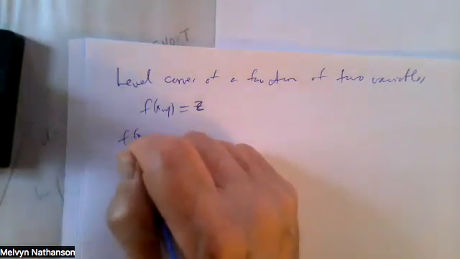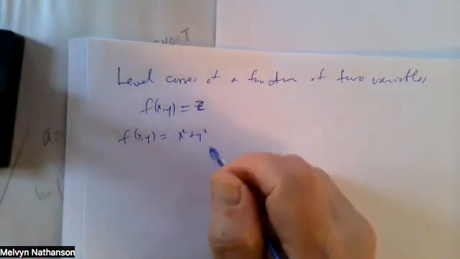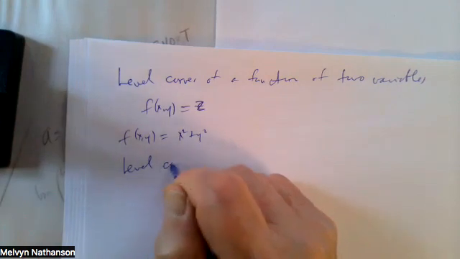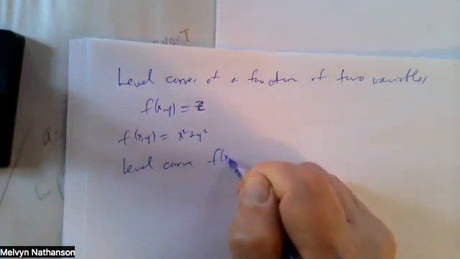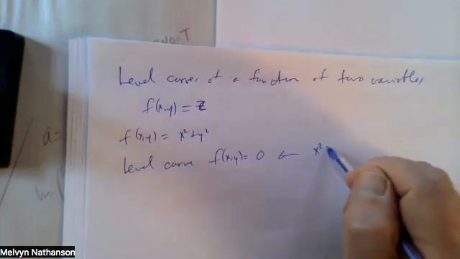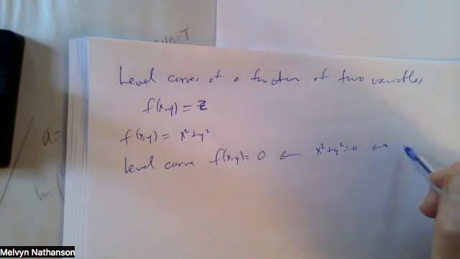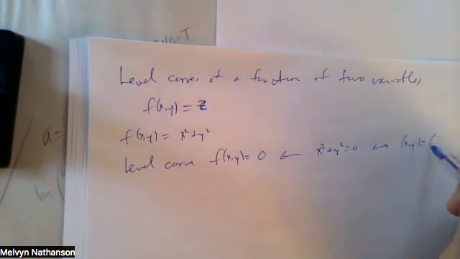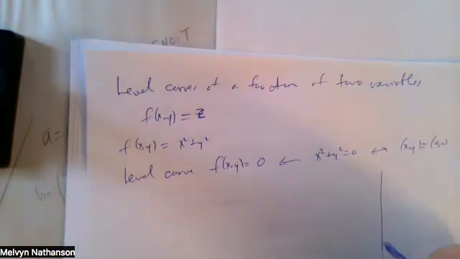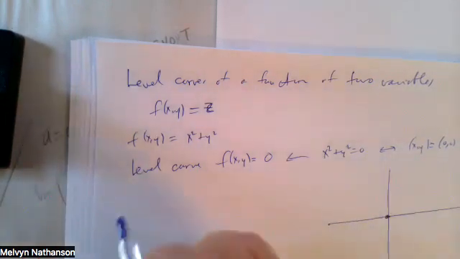So let's look at this example again of a paraboloid, f of x, y equals x squared plus y squared. So we have the level curve, all points where f of x, y equals 0. That means x squared plus y squared equals 0. That's the same as x, y is 0, 0. So in the xy plane, just the origin is the level curve at 0.